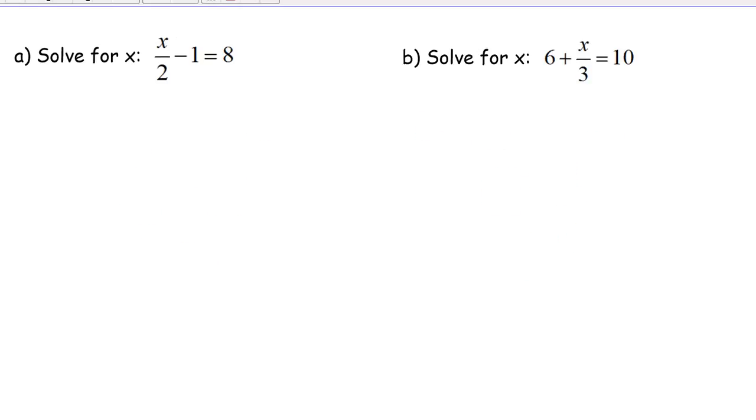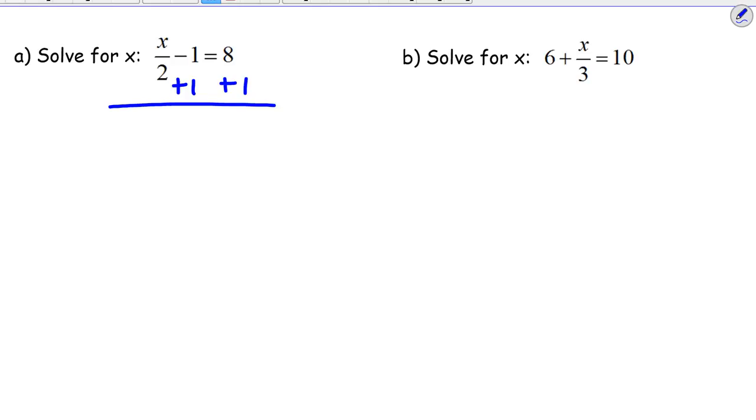Here is another example. So we shall start with that. What's the opposite of subtracting 1? Adding 1. So we'll add 1 on both sides. So we'll end up with negative 1 plus 1 is 0.